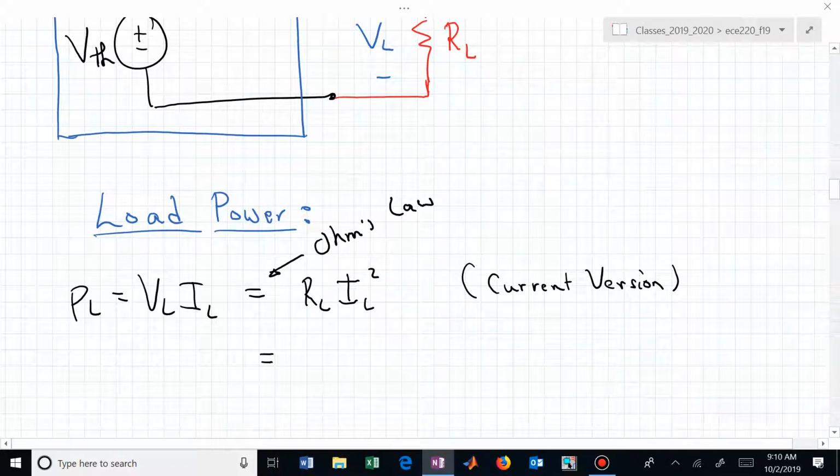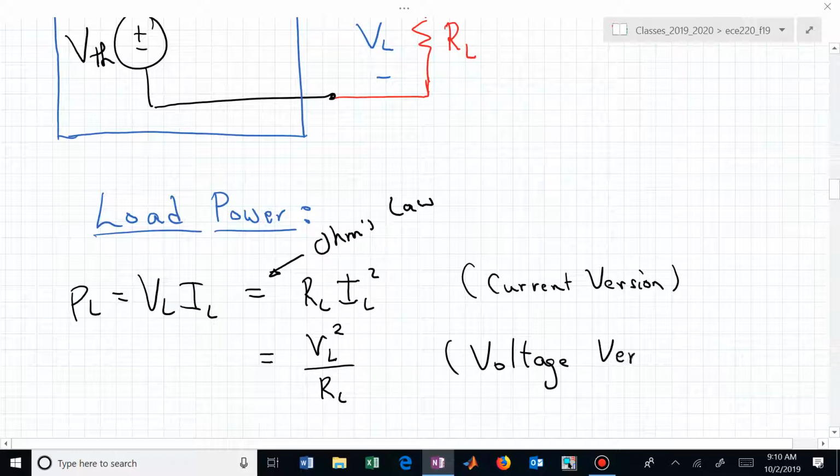We could also replace the current using our Ohm's law relationship and say that we have V sub L times V sub L over R sub L, or V sub L squared over R sub L. That's the power at the load, in terms of current at the load and the load resistor, or voltage across the load resistor and the load resistor.